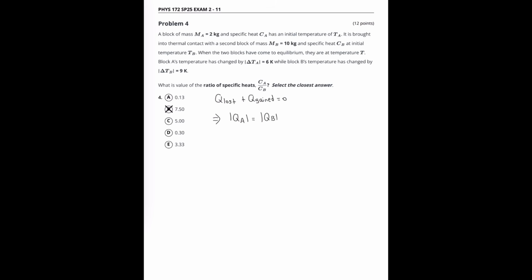And we know by definition that the heat gained or lost by a block is Q equal to m c delta T. And from Qa, we have Ma times specific heat A times the change in T, and this is the same as delta Ta.